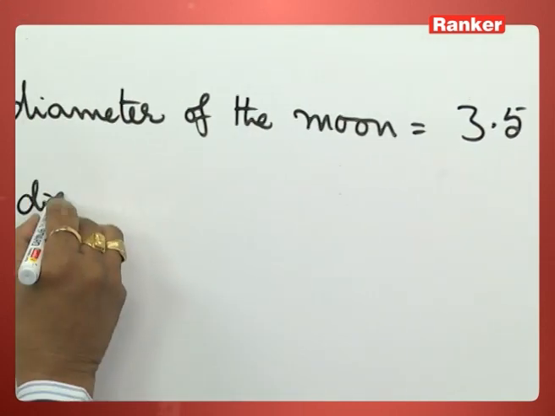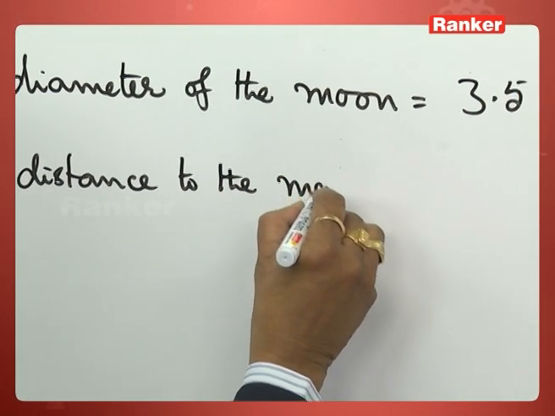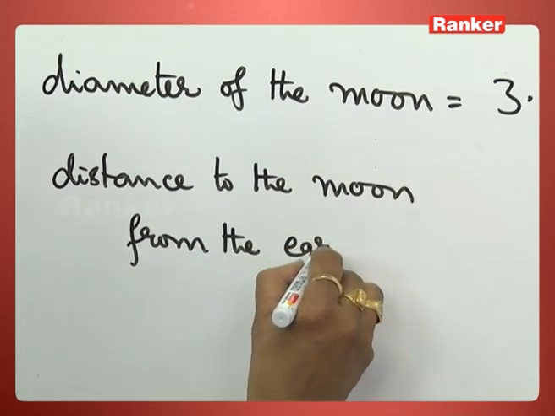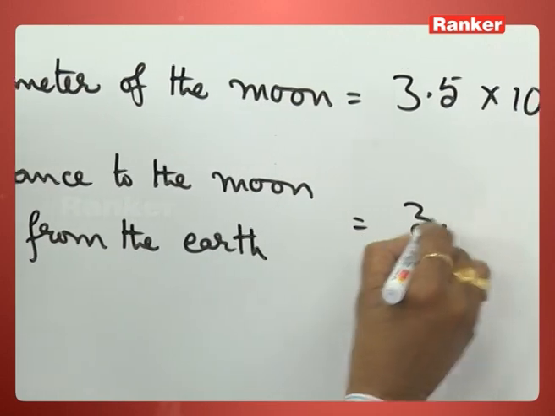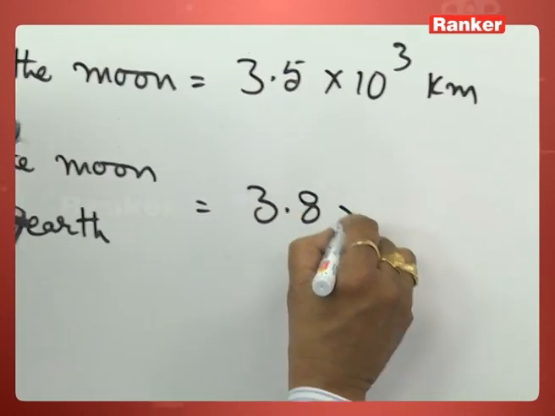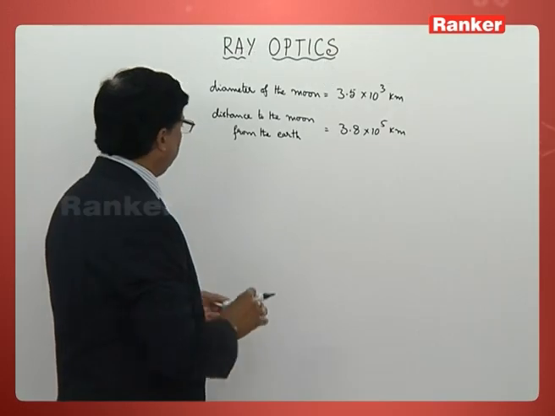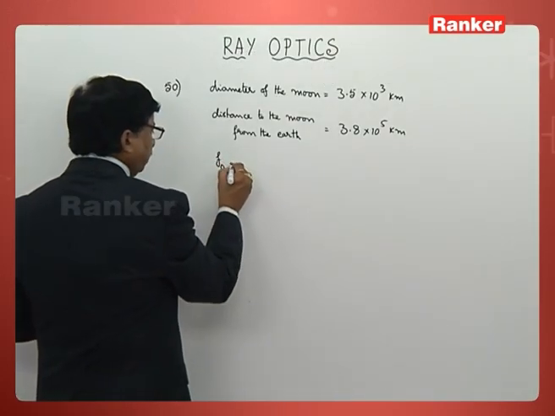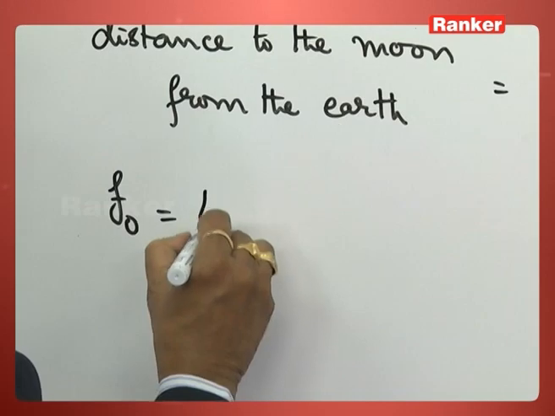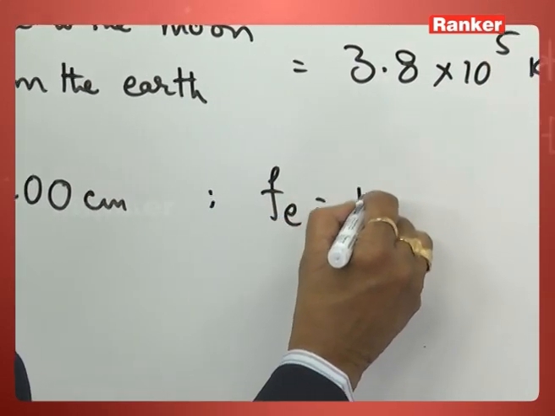And of course, the distance to the moon from the earth is also given, 3.8 into 10 power 5 kilometer. The focal length of the objective is given as 400 centimeter and that of the eyepiece as 10 centimeter. So write this down once again.